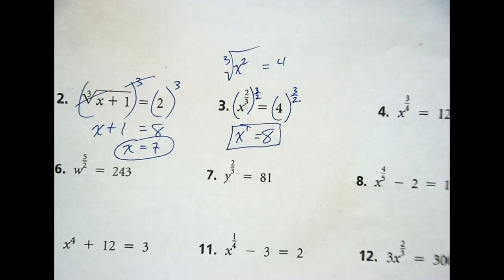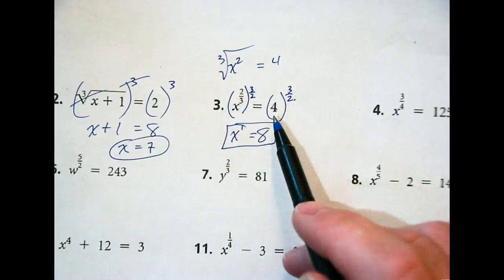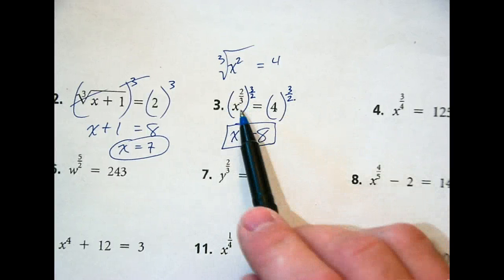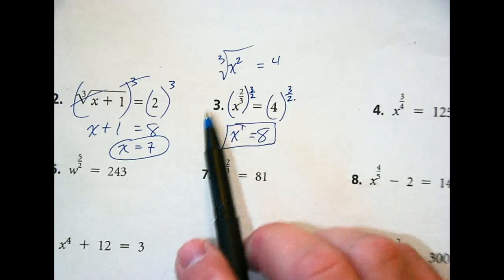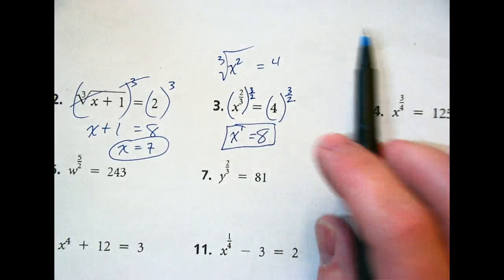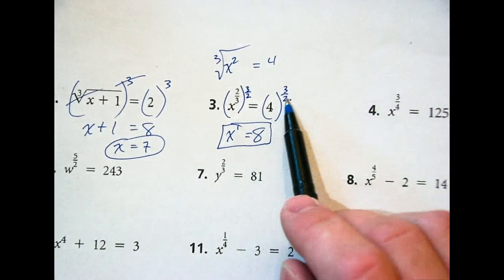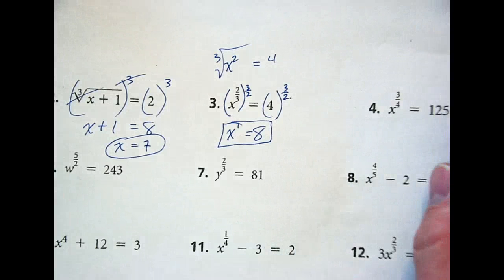If you're taking the 2/3 root of 4, you're raising 4 to the 2/3 root power. Okay, I'll look at what you're putting into your calculator. Yeah, you want to raise this to the 3/2 power, which is taking the square root and cubing it.